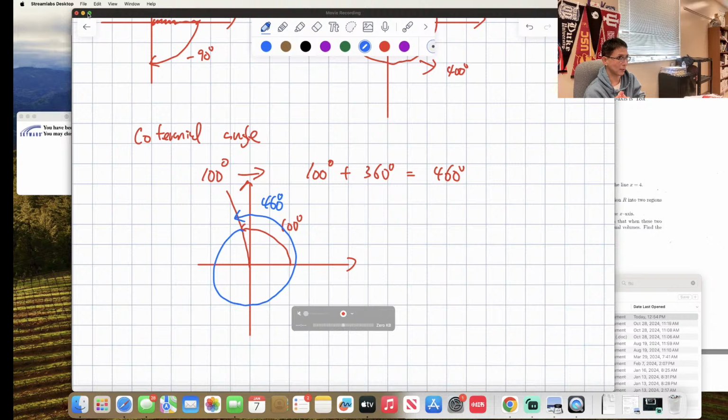So you can add multiple 360s. You can say 460 degrees is a coterminal angle of 100 degrees. Why? Because it's the same representation. Now, can you tell me a negative angle that represents the same as 100 degrees?